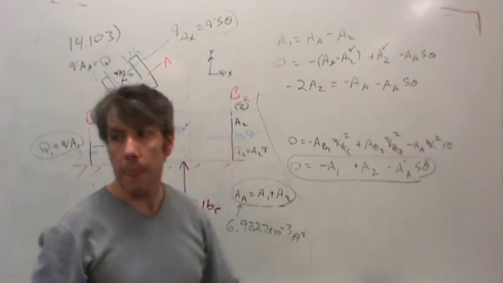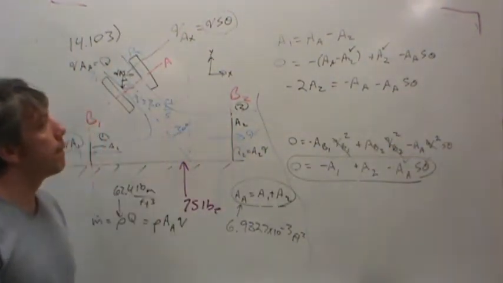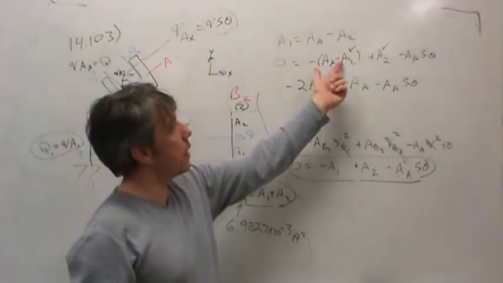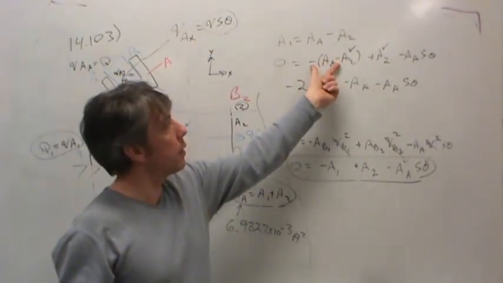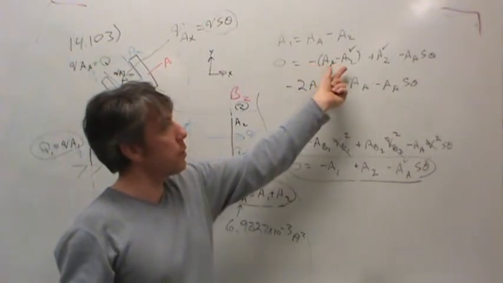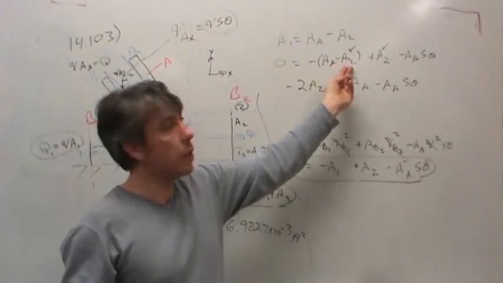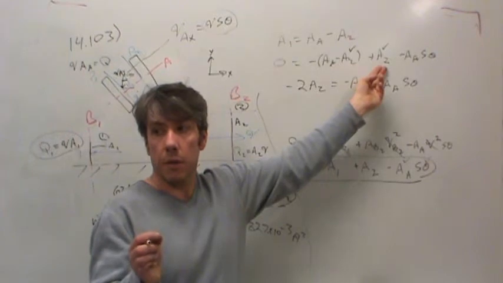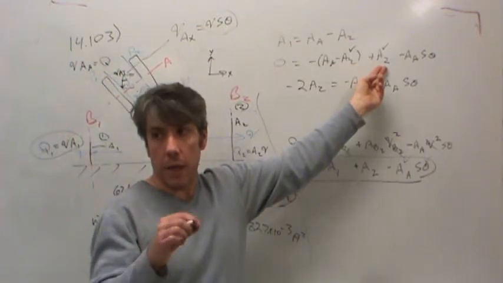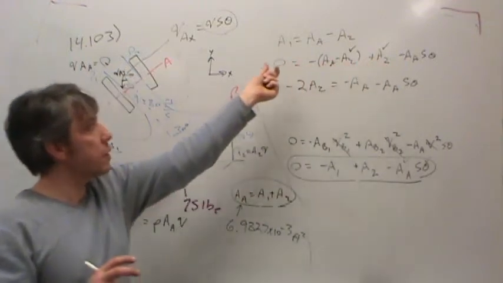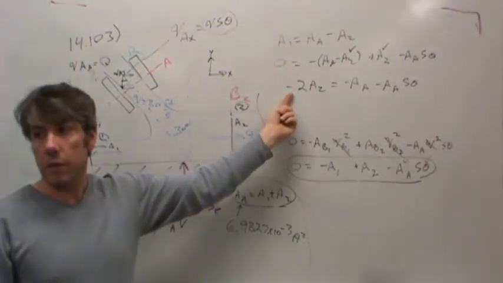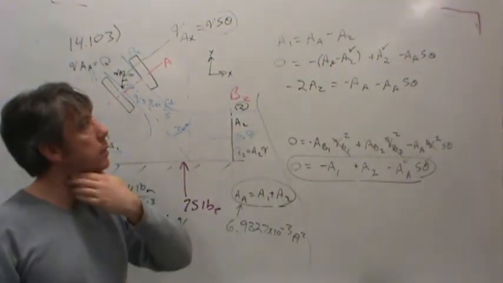Shouldn't that be minus A2 though? Because this negative cancels with this one. So we get a positive A2 plus another A2 is 2A2, right? It's 2 times A2. No, but when I move it to the other side, it's going to become negative. I thought the one over there should be minus A2, right?